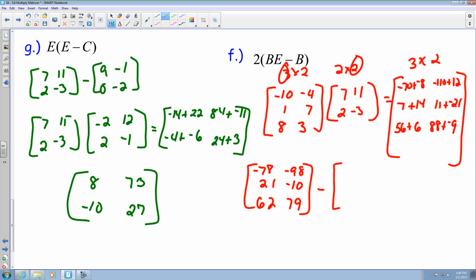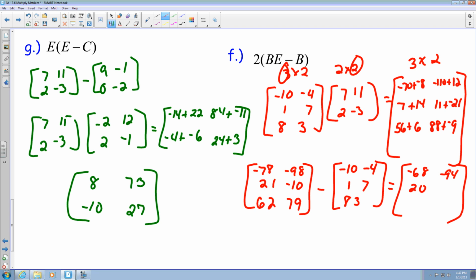So now I have negative 10, negative 4, 1, 7, 8, and 3. This ends up equaling negative 78 minus the negative 10, which gives me negative 68. Negative 98 minus negative 4 gives me a negative 94. 21 minus 1 is 20.